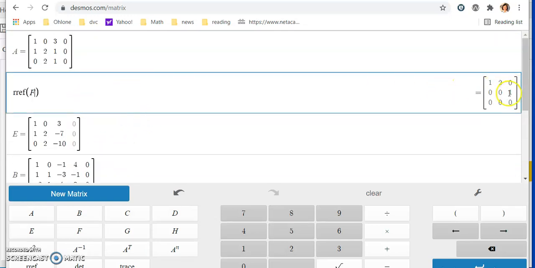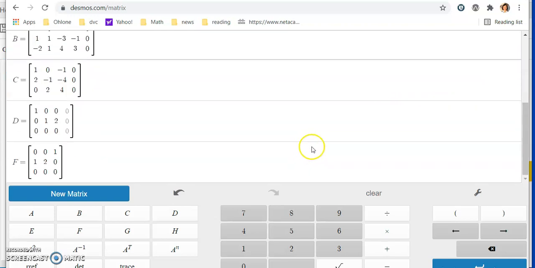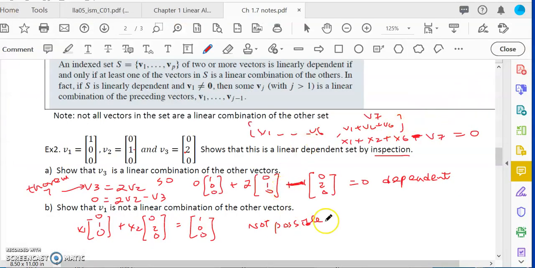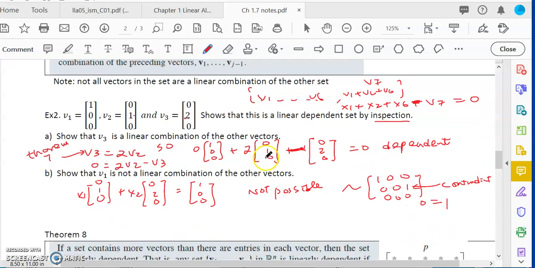So you can see that there is no solution, right? Because it's a contradiction. We get a row of 0 0 0 with 1 on the right, so 0 equal to 1. Okay, so that's how we do it.